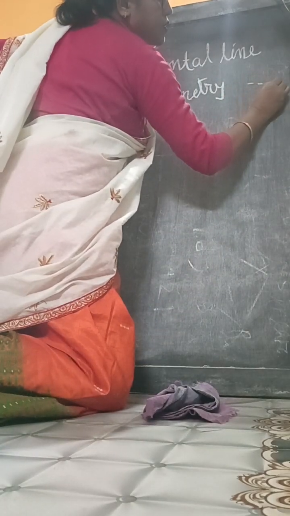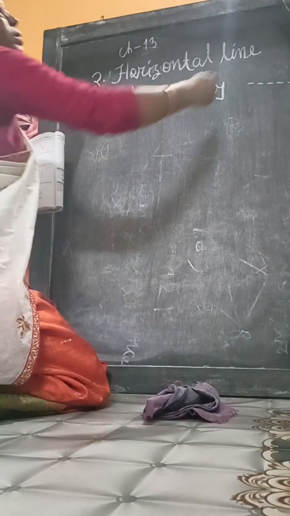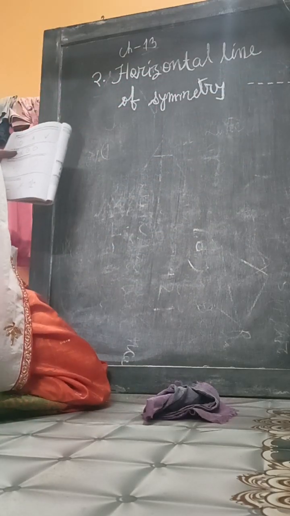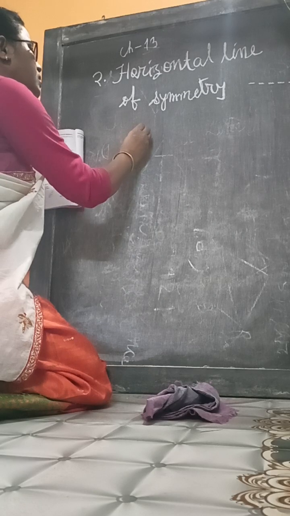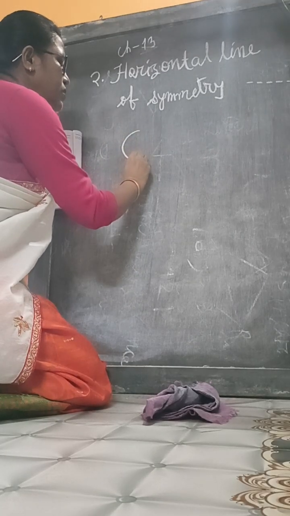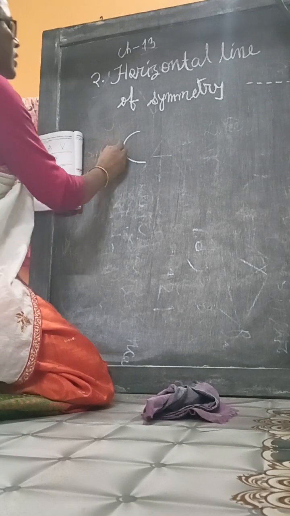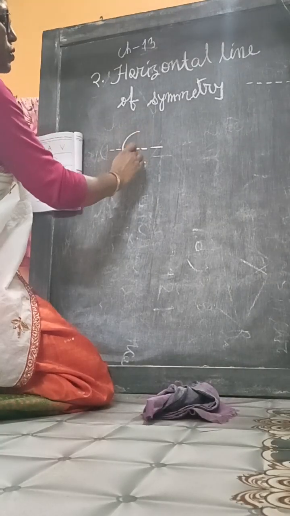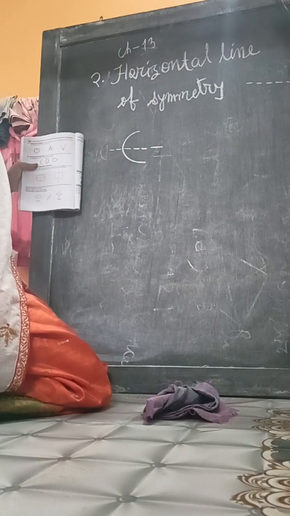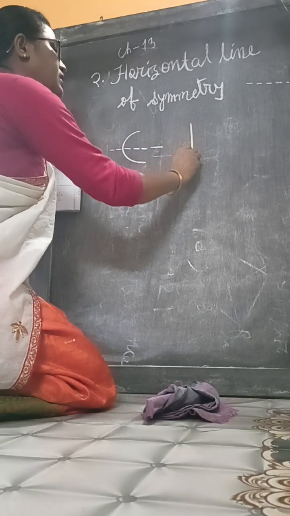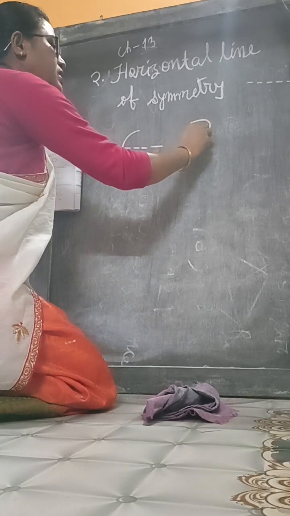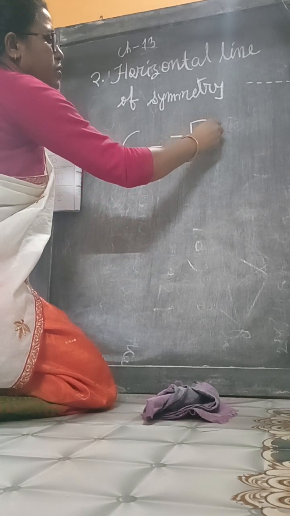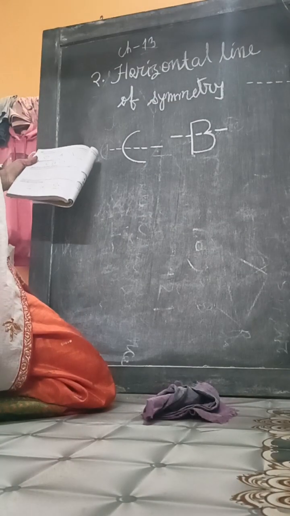Now, if one part of an object is identical with this part, then this line is known as the horizontal line of symmetry. Here, this is a geometrical figure. Now this part will coincide with this part. So it is a horizontal line of symmetry. Suppose this one. Here we draw this also a horizontal line of symmetry.